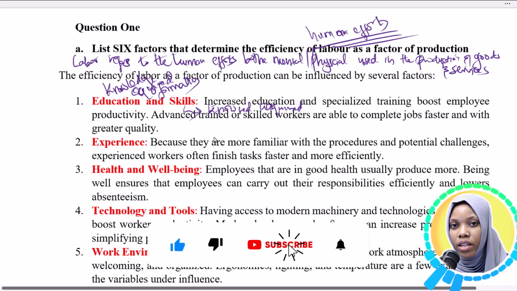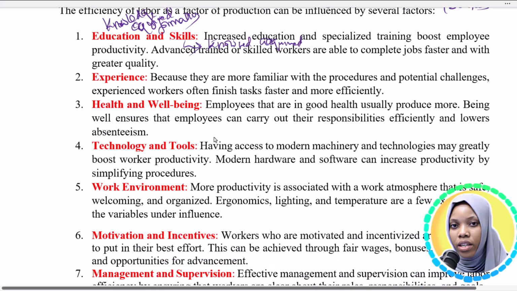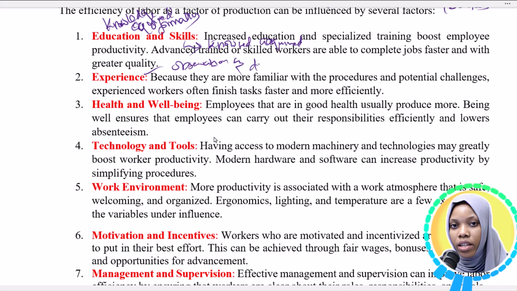Experience is our factor number 2. And it says, because they are more familiar with the procedures and potential challenges. So this is observation and direct participation.